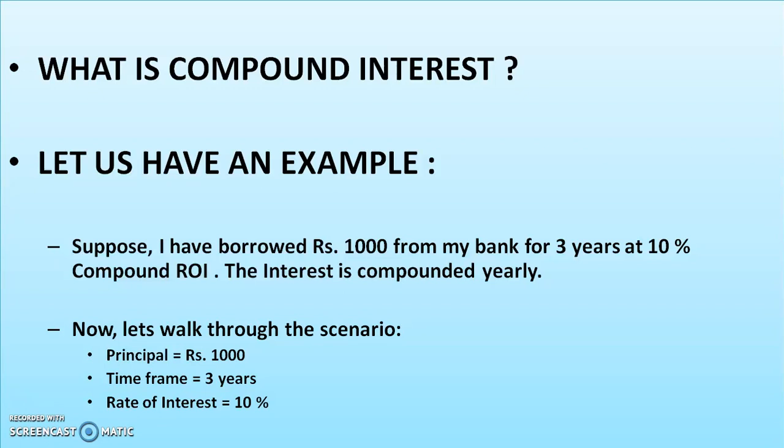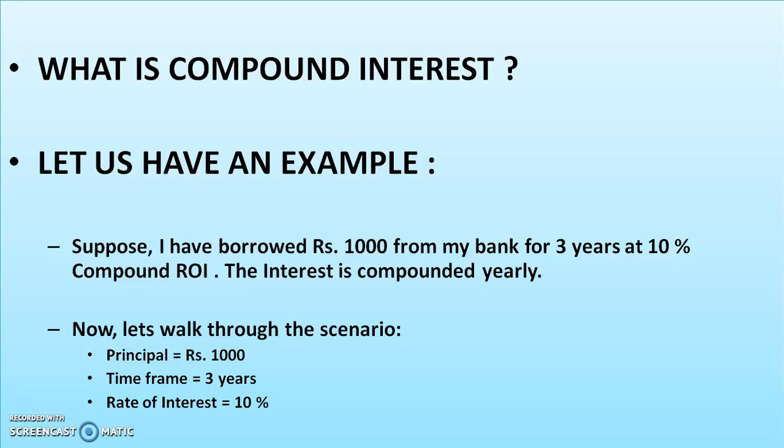Now 10% of 1100 is 110 rupees, and this becomes the principal at the start of the third year, which is 1100 plus 110, which is 1210 rupees, and for the third year my bank will again earn 10%, so it becomes 121. So the amount at the end of 3 years, which is my answer, becomes 1331 rupees. So this is the funda of compound interest, which we use in all the problems about compound interest.